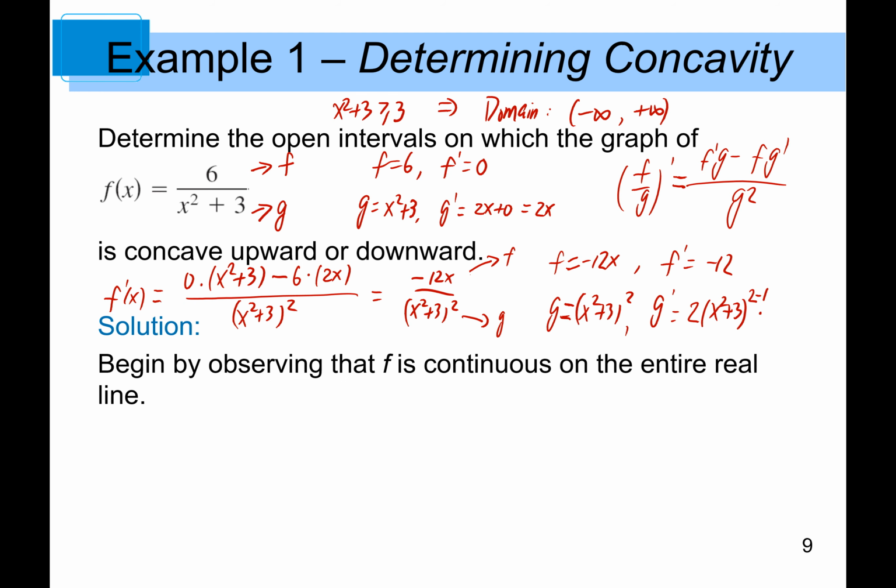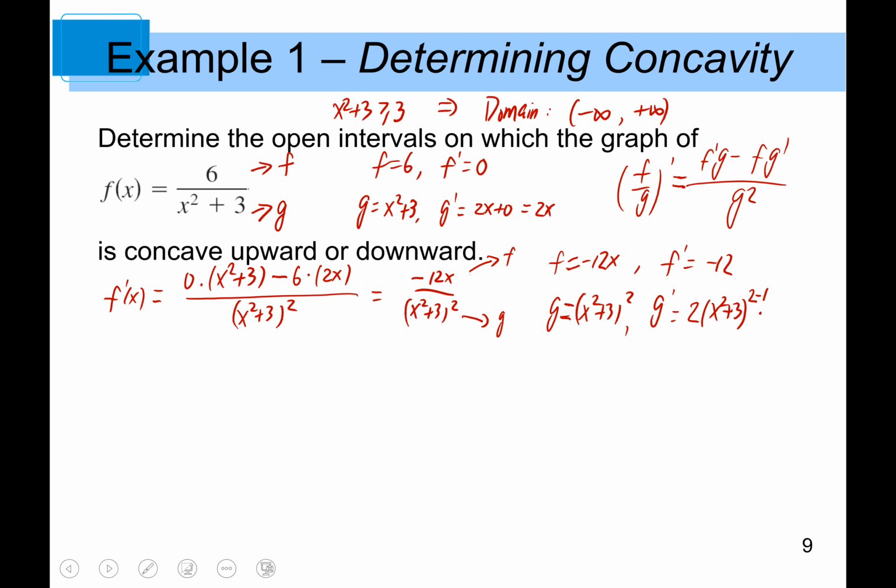And we differentiate the inner function. The derivative of x squared is 2x. The derivative of 3 is 0. So we get 2 times 2x times x squared plus 3, so we get 4x times x squared plus 3.